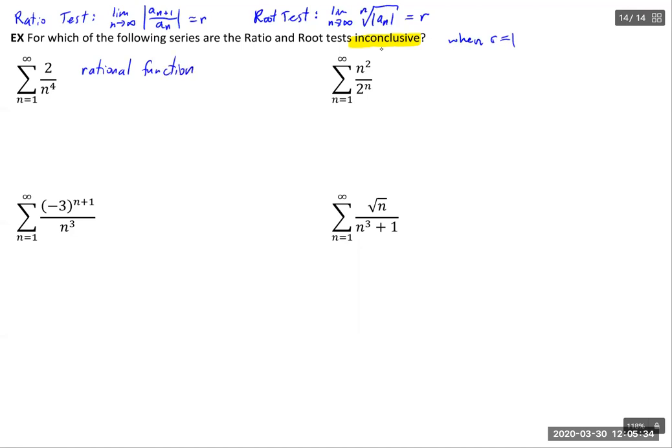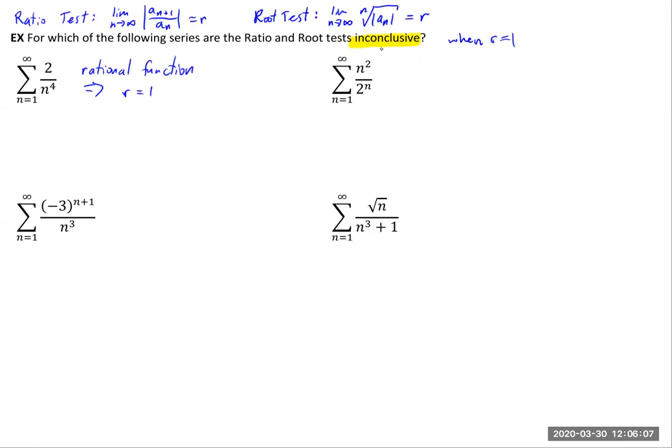That means that if I set up a ratio test, I'm going to be taking a limit of two polynomials, one in the numerator, one in the denominator, and both will have the exact same degree, and both will have the exact same leading coefficient. Go ahead and try it out. Just set up the ratio test and do it for this one. It's going to lead to an r value of 1. So that's easy to show for any rational function.